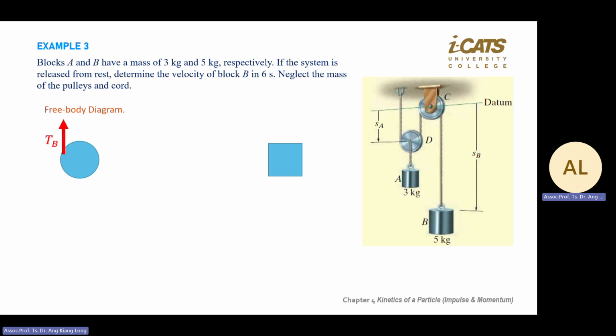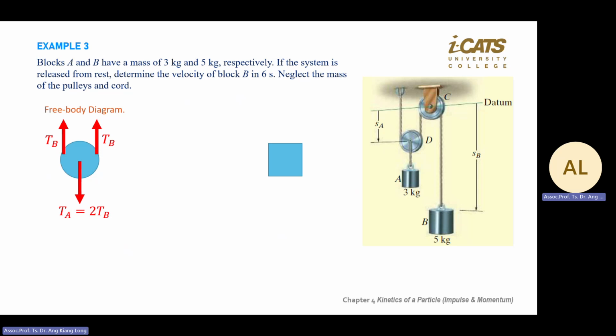We start with pulley D. For pulley D, you have one here and then two ropes on the top. So you can label them as TB or T1, T2, right? So your TA is actually equal to 2 TB, right? This TA equals this 2.